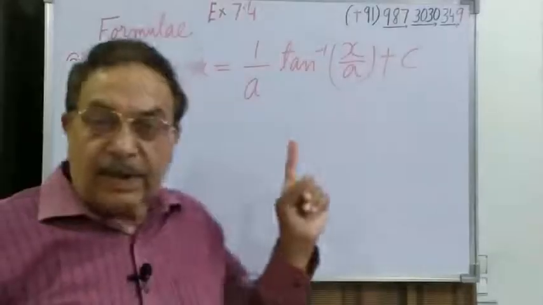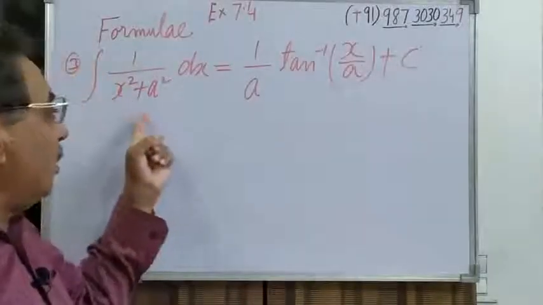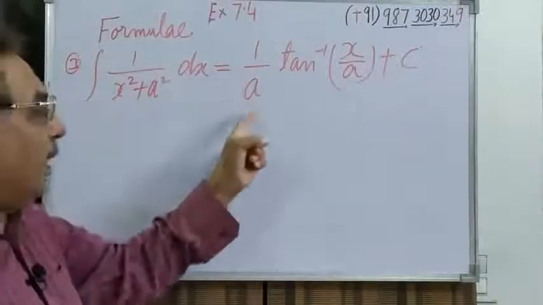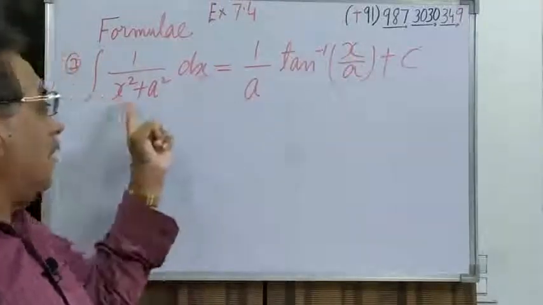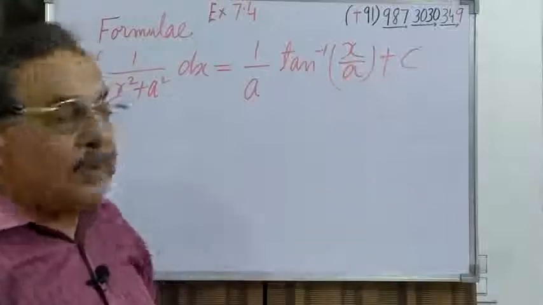So whenever we get the sum of the squares of two terms in the denominator, not the difference, their integration would be 1 by a, the constant term, tan inverse of the variable x upon the constant, plus c.